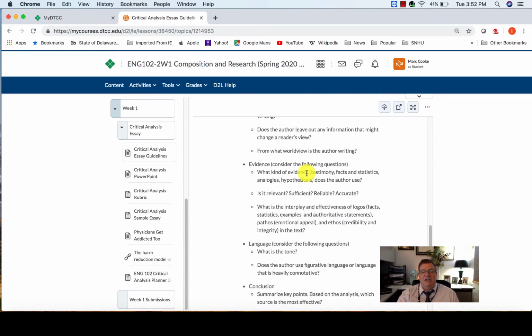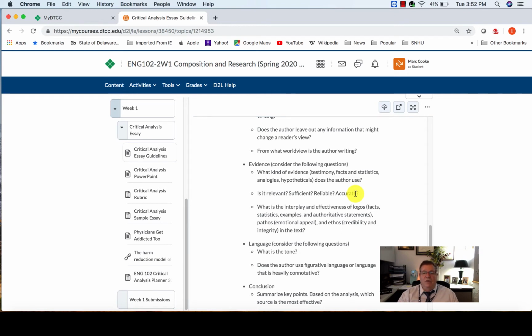The next section deals with evidence. What type of evidence is used? So again, I think this second bullet is the most important. Is it relevant, sufficient, reliable, and accurate? If you are unsure of those terms, make sure you look it up. If you still have your 101 book, this would be a good chance to review it.